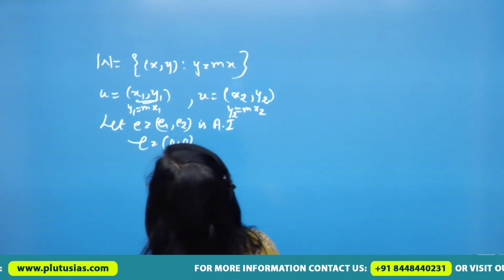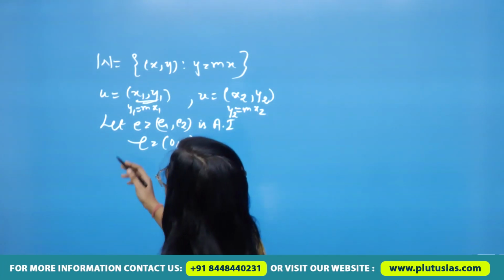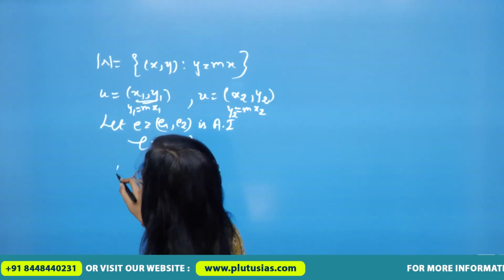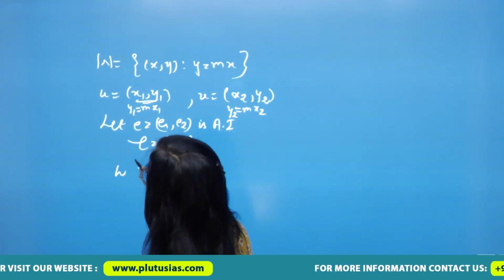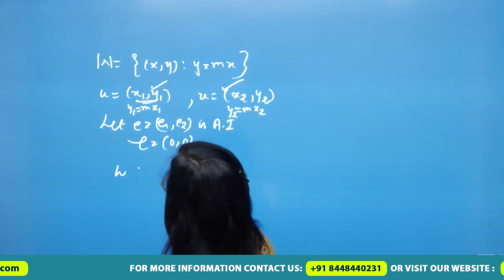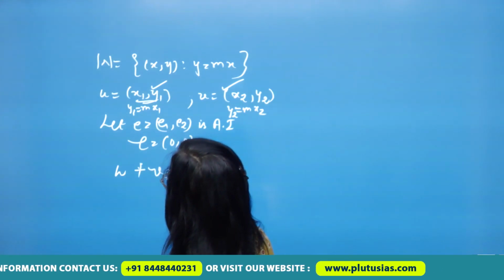Next we need to prove that the additive inverse exists. How would we prove the additive inverse? Similar to the last examples, we will consider that u is any element, and if v is its additive inverse, then u plus v should give us the identity.